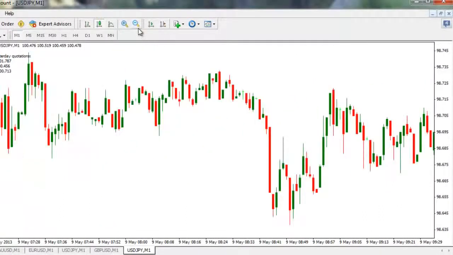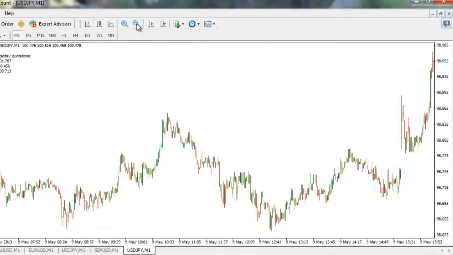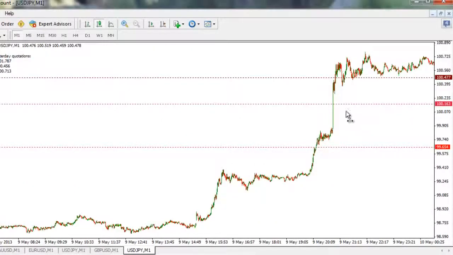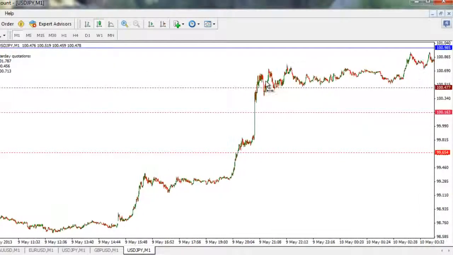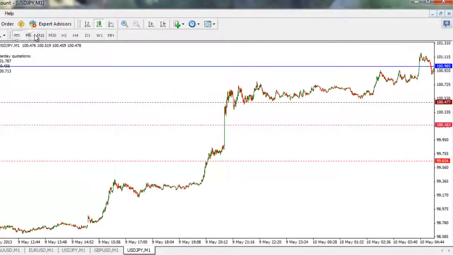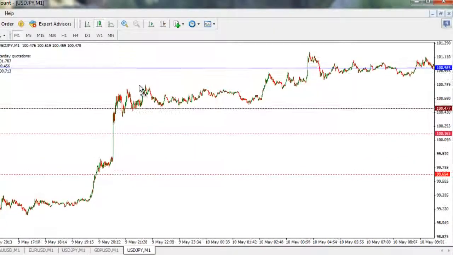We're just trying to get a feel on the higher time frames. And remember, each candlestick counts as 1 minute on this chart whenever you select any of these at the top here. Okay, so I'm just going to scroll along.